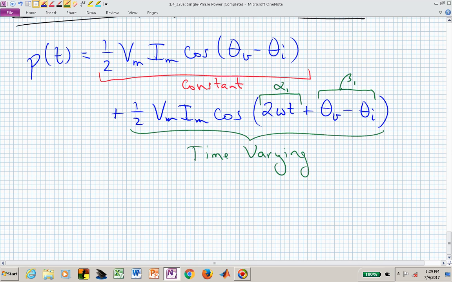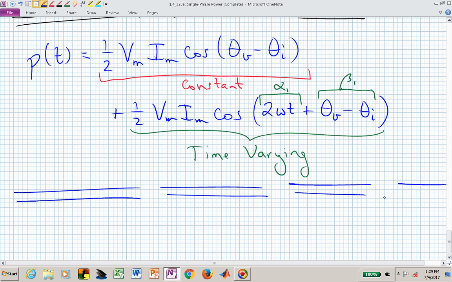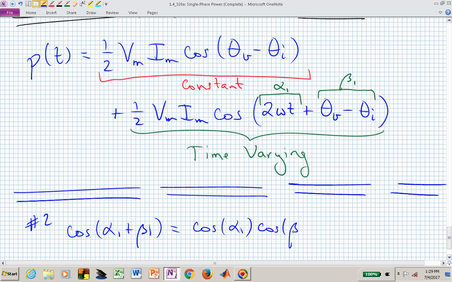And now let's look at what happens when we apply trig identity number 2 to this, which is the cosine of the sum of two angles, alpha 1 plus beta 1. That's now cosine alpha 1 cosine beta 1 minus sine alpha 1 sine beta 1.